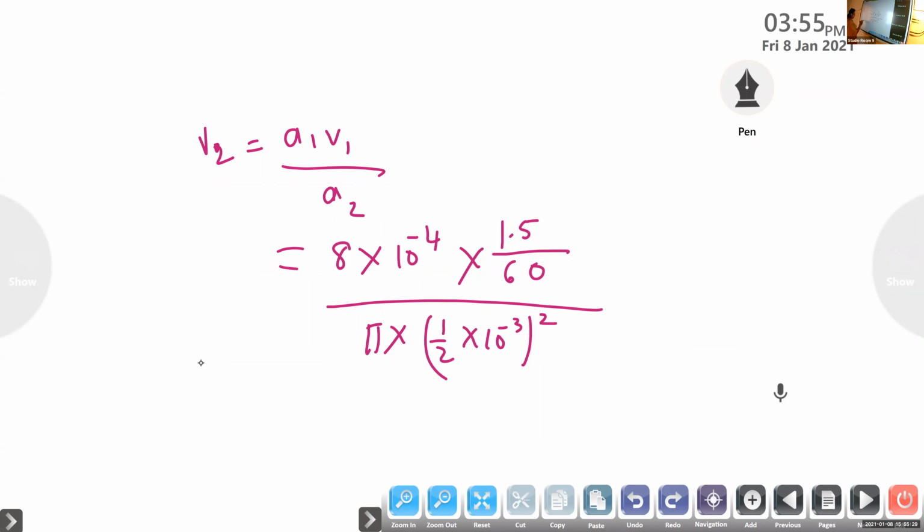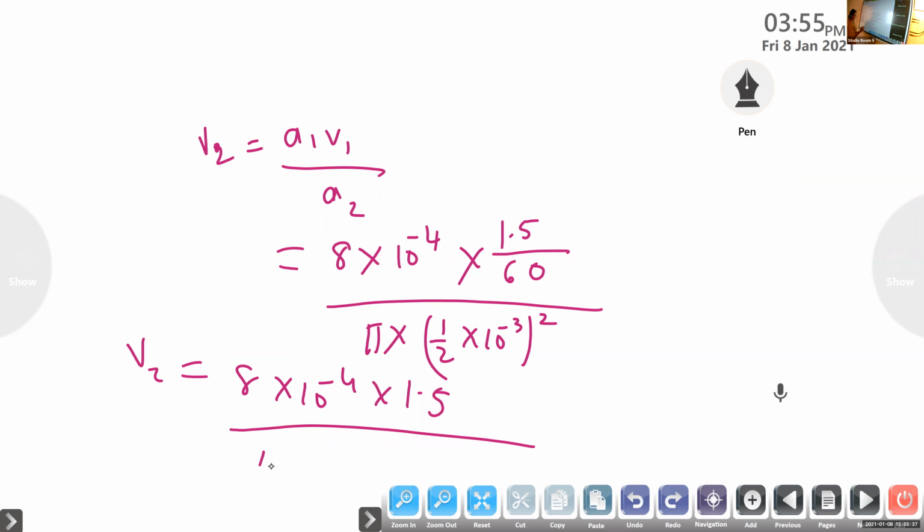Now you can rearrange. V2 is equal to 8 into 10 to the power of minus 4 into 1.5, divided by pi into 1 by 2, that is, 1 by 4 square. Either you can write it this way, or just write 1 by 4 as 0.5, into 10 to the power of minus 3 square, which is 10 to the power of minus 6, into 60.